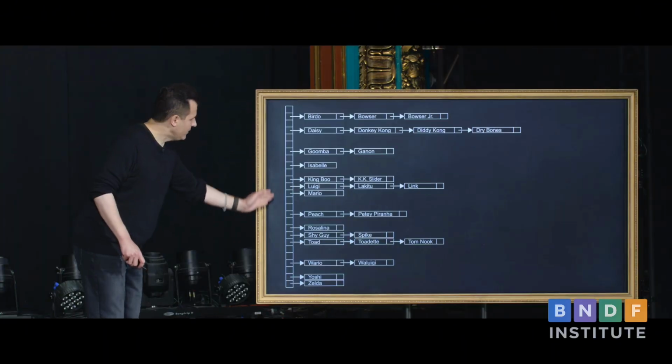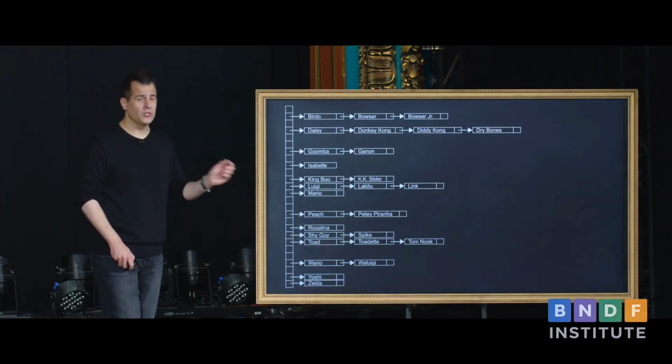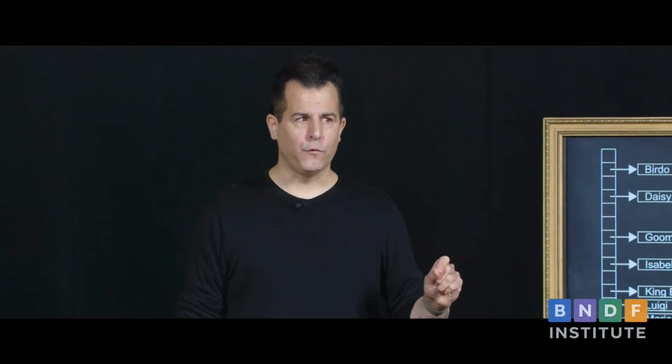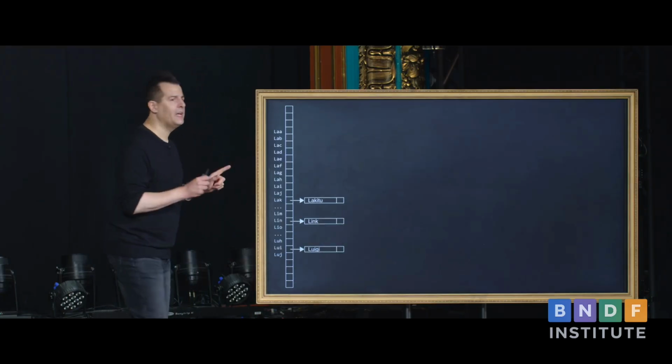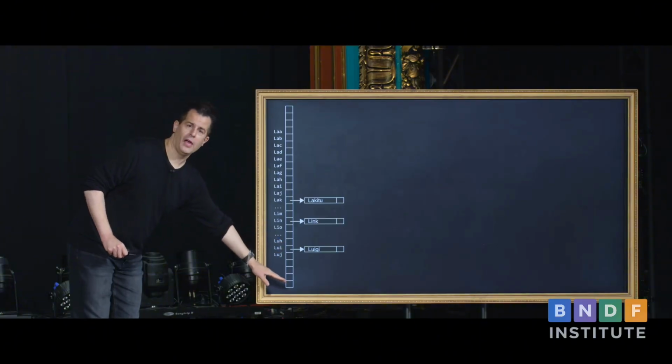Instead of having an array of size 26, what if I use a bigger array and look at not just the first letter of someone's name, but maybe the second and the third? I bet it's less likely that I'm going to have two friends whose names start with the first 3 letters of their name. Not impossible, but statistically much less likely. So we could put these same 3 friends whose names start with L in this way in the array.